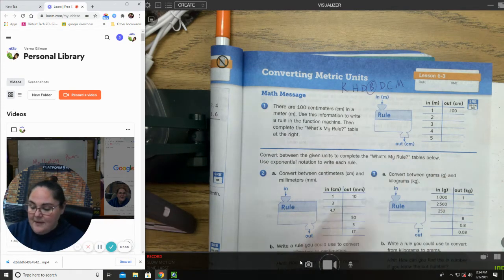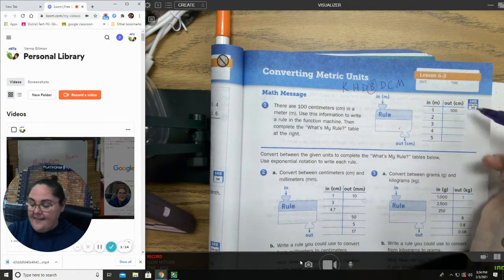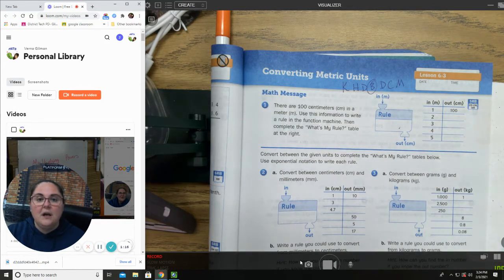So this is my math message. There are 100 centimeters in a meter. Use this information to write a rule in the function machine. Then complete the what's my rule table. So I first need to figure out my rule, and then I need to find my answers. I want you to think about this for just a second. 100 centimeters is 1 meter.